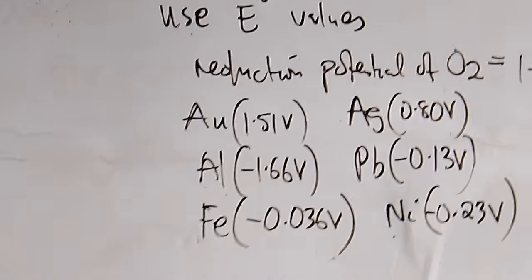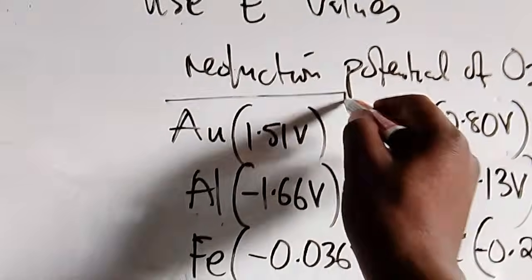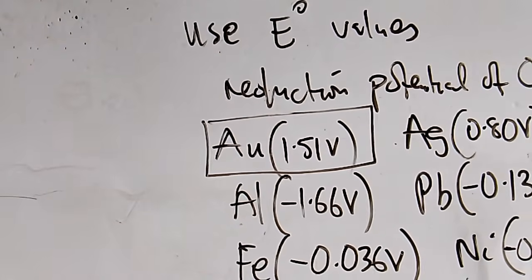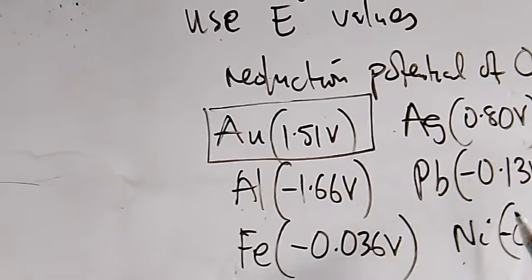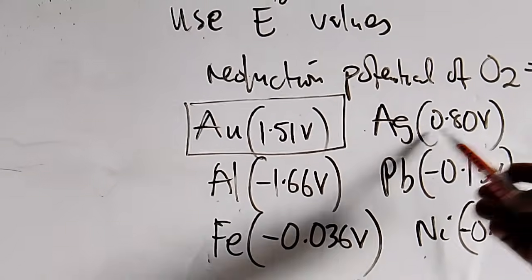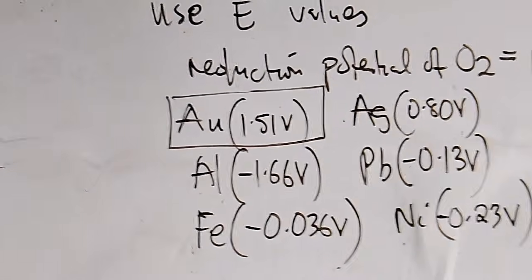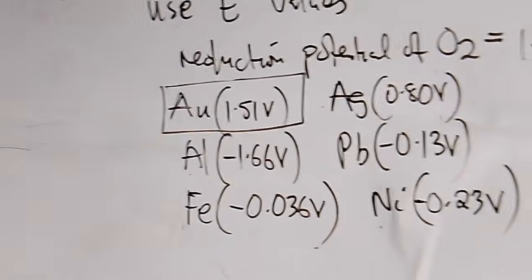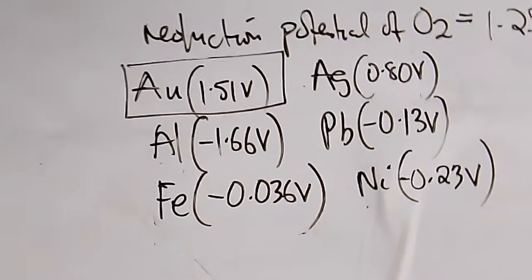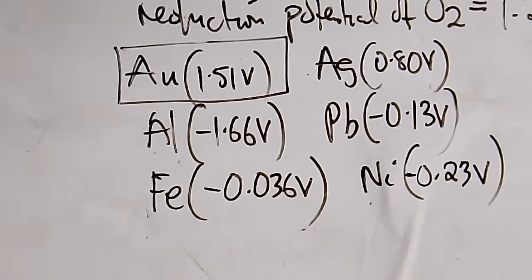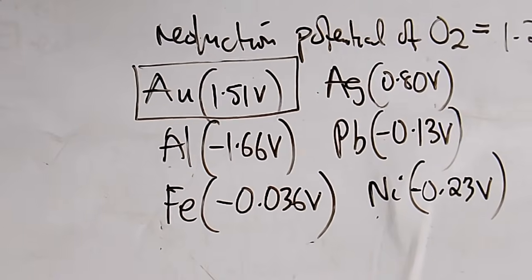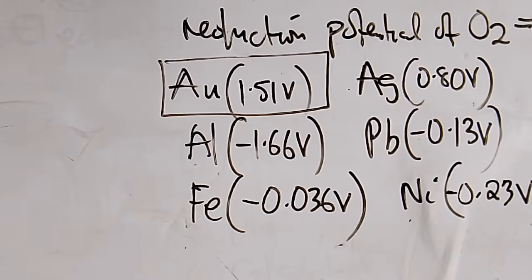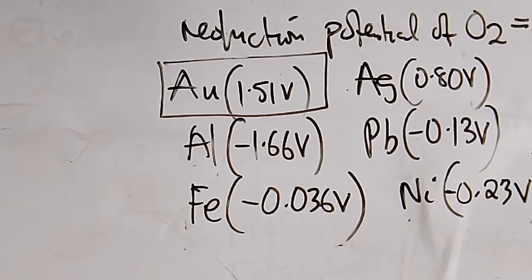Okay, so in this case it means gold will not corrode. Okay, then in terms of arranging, you just look at the reduction potentials, comparing with that of oxygen. So the one with the lowest will corrode faster.